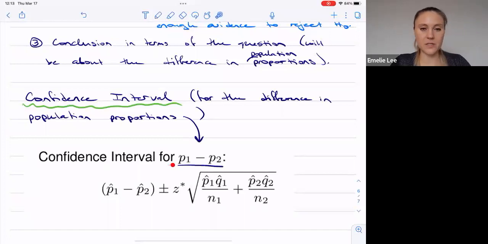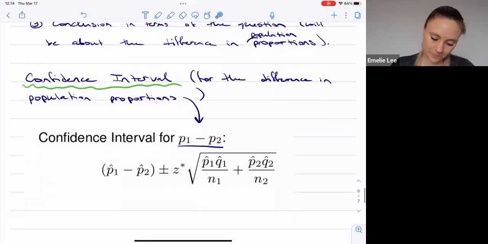Just like the hypothesis test, we're not talking about the sample; we're using the sample to learn about what the population might look like. So we build this interval to try to figure out what P1 minus P2 might be. We rely on P1 hat minus P2 hat because that's our best guess, but then we build this buffer around it.